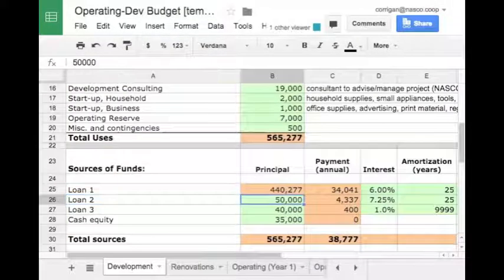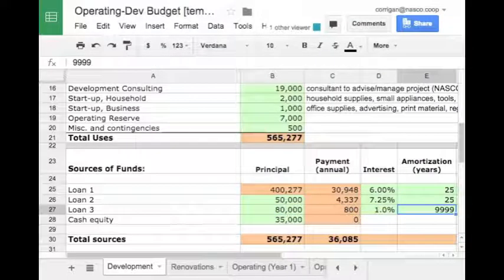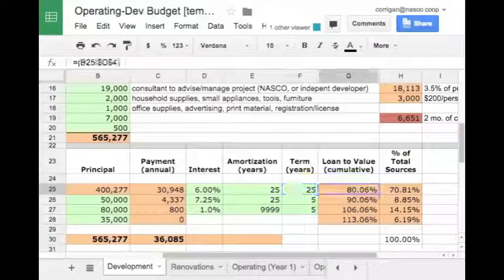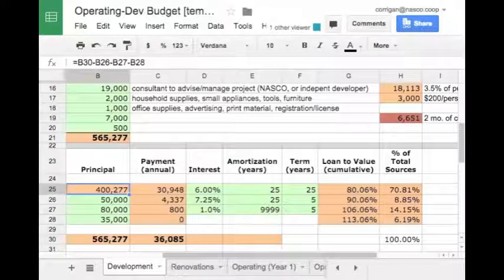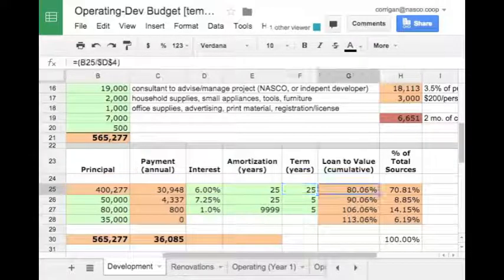For example, say we increase the loans from friends and family to $80,000. Now the way the formula works, if we increase that, it automatically decreases this first loan for us. And then this recalculates to show that we're now down to approximately 80% loan to value.